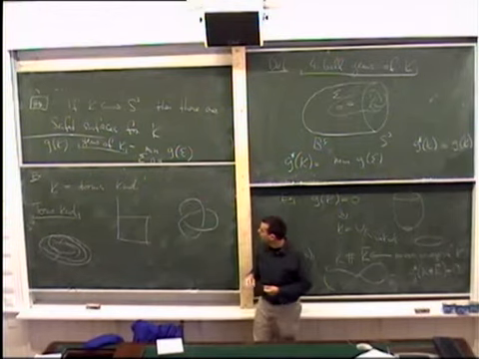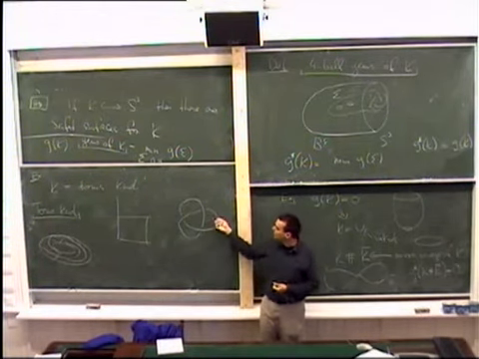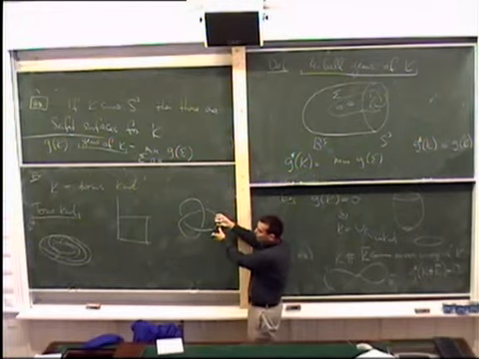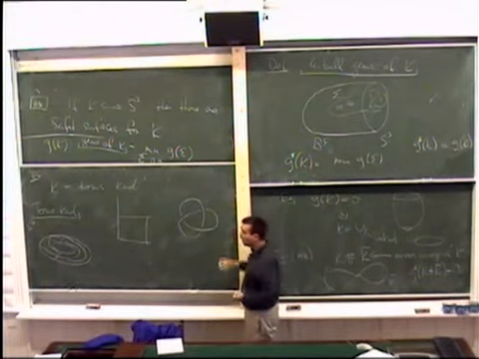So if you think of the trefoil, then you can imagine that this could be put on the boundary of a torus, right?